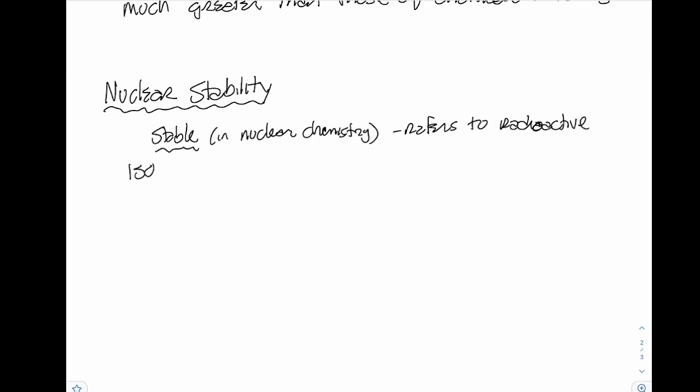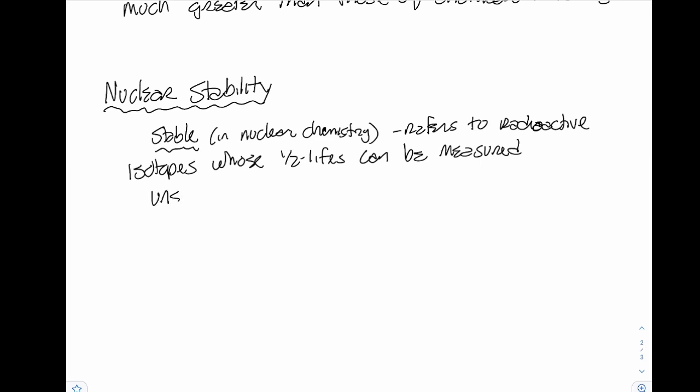So stable, and again, this is in nuclear chemistry, is going to refer to radioactive isotopes, which we'll talk about here, whose half-lives can be measured, meaning it doesn't decay so fast that we can't measure it.